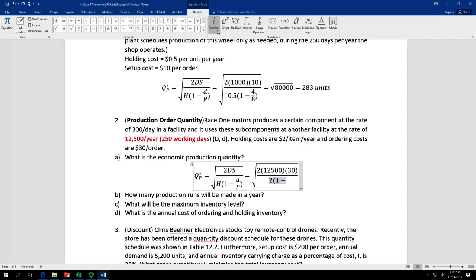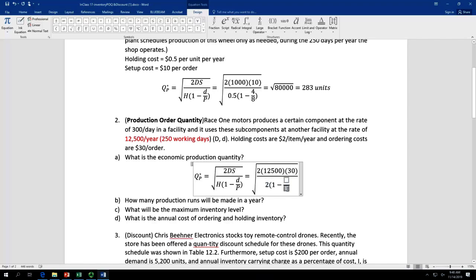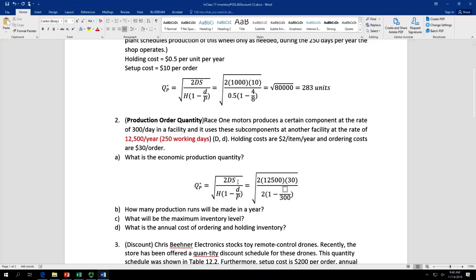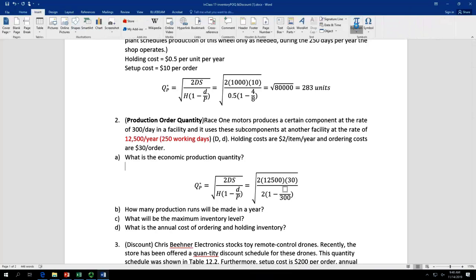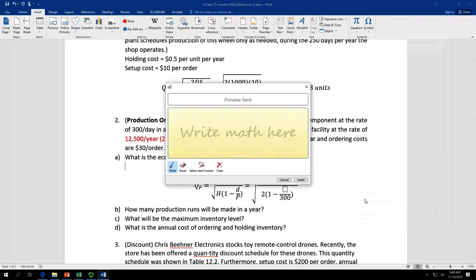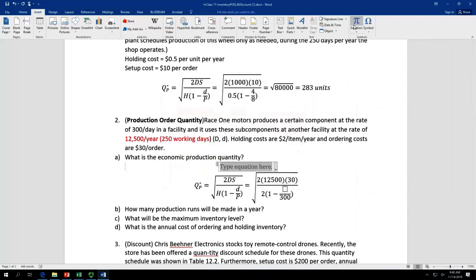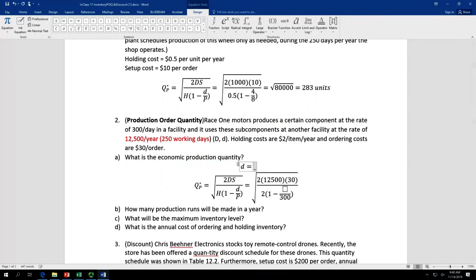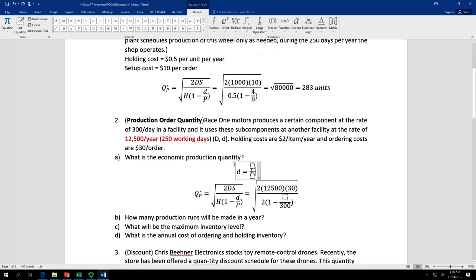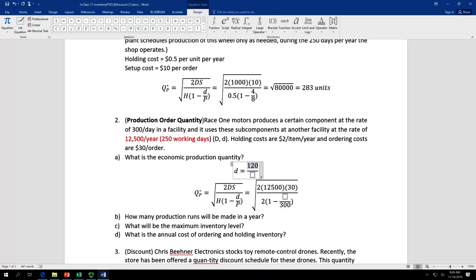And this one, we have the production rate already. So it's 300. And probably I need to add some information in the beginning. So I will insert an equation to find out small d equals the yearly demand divided by how many days of production.